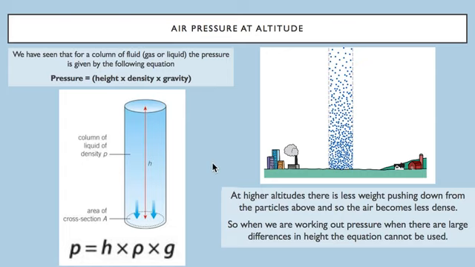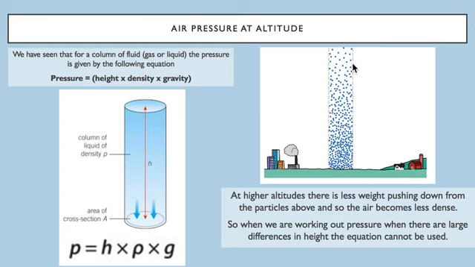Now, that's okay for small heights, but as the height increases, you can see with this diagram that something changes. This is a representation of a column of air of the atmosphere. You can see lots of particles of air close together at the bottom near sea level.